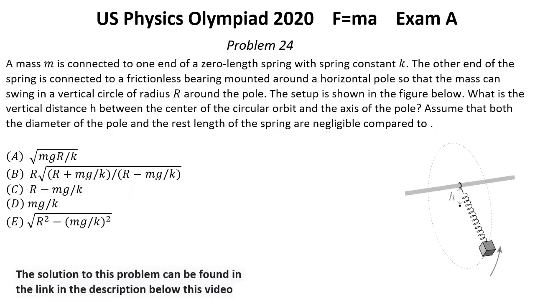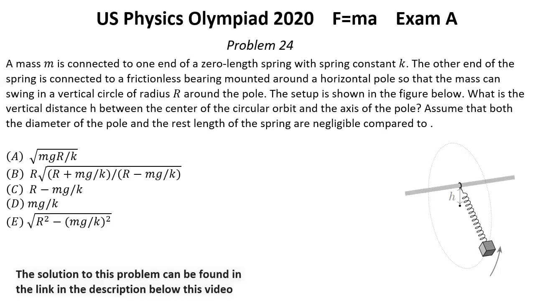Problem number 24. A mass M is connected to one end of a zero length spring with a spring constant K. The other end of the spring is connected to a frictionless bearing mounted around a horizontal pole, so that the mass can swing in a vertical circle of radius r around the pole.